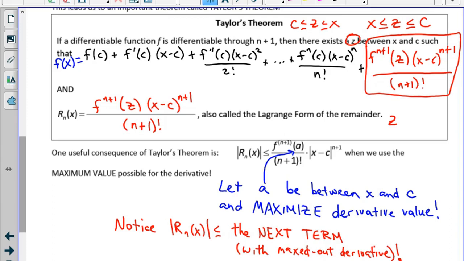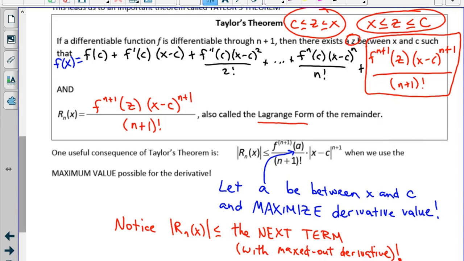So if your center is smaller than the x value you're plugging in, you're going to look at this situation. If your center is bigger than the x value that you're plugging in, you're looking at this situation. But in either case, there's some value z that exactly when plugged into the n plus first derivative equals the value of the remainder. So that's called the Lagrange formula, or the Lagrange form of the remainder.